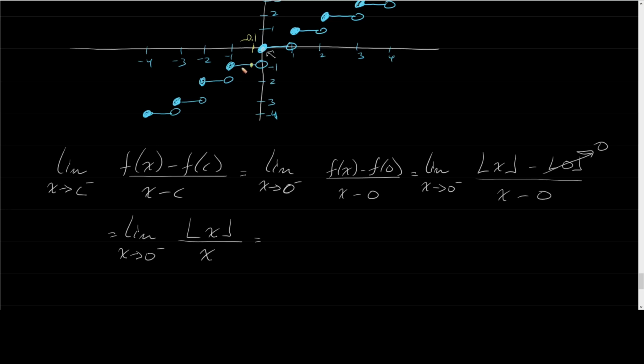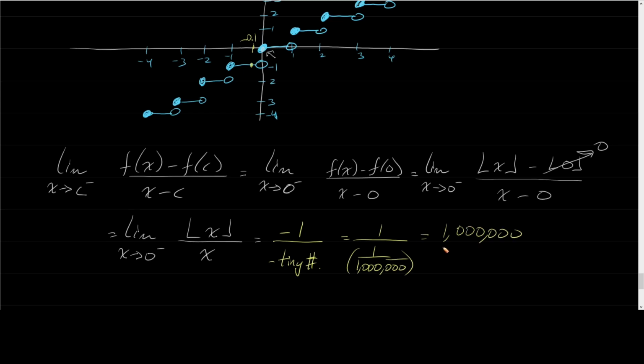So what I get is -1 over a negative tiny number, since we're really close to 0 from the left. Negative over negative is positive, so I have 1 over a tiny number. For example, 1 over 1 million is a tiny number, and this would end up going to positive 1 million overall.